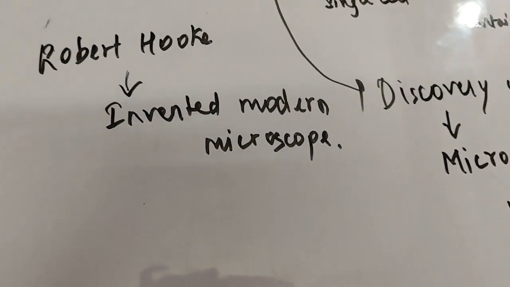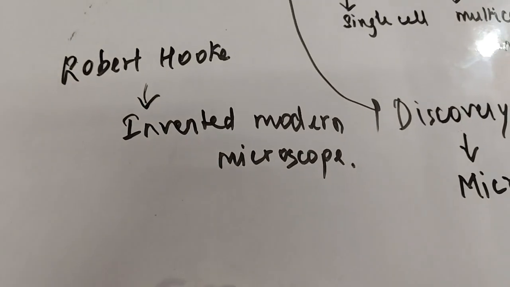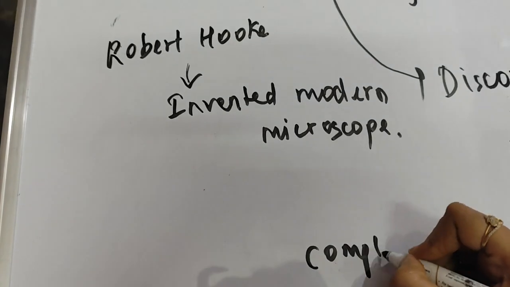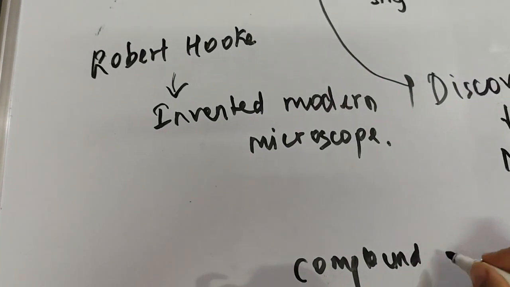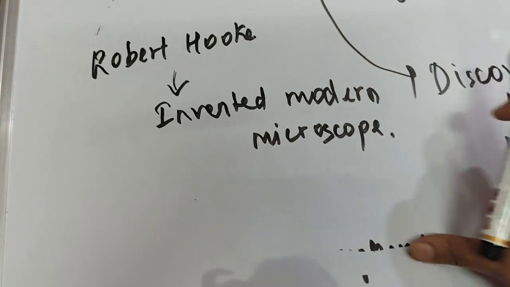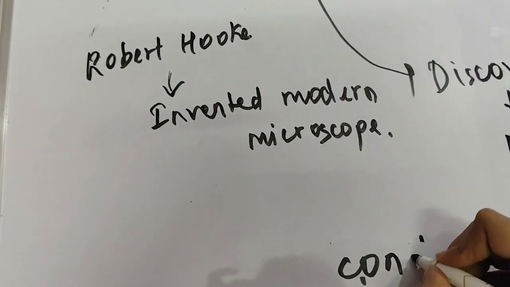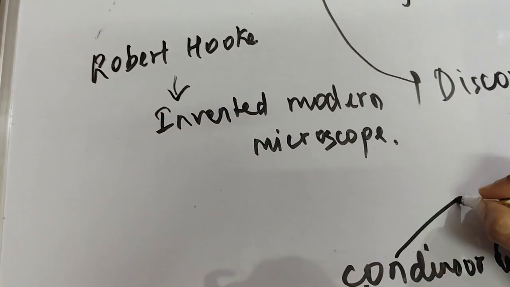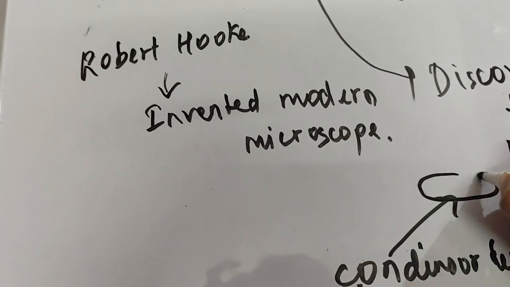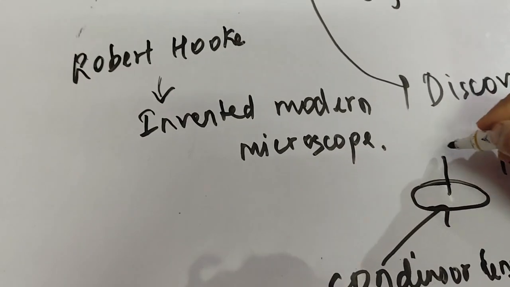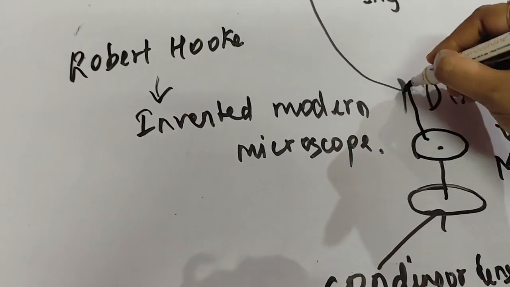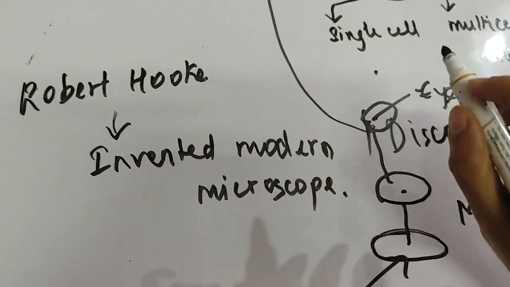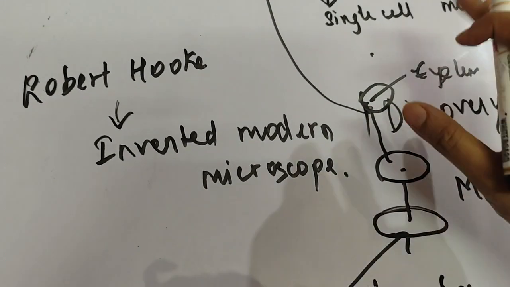You may have seen the laboratory microscope, a simpler one, having a compound lens and then a condenser lens to focus the light, which will make the object illuminated, and this will go to the objective lens, which will further go to the eye lens, and from here we observe whatever we want to observe.